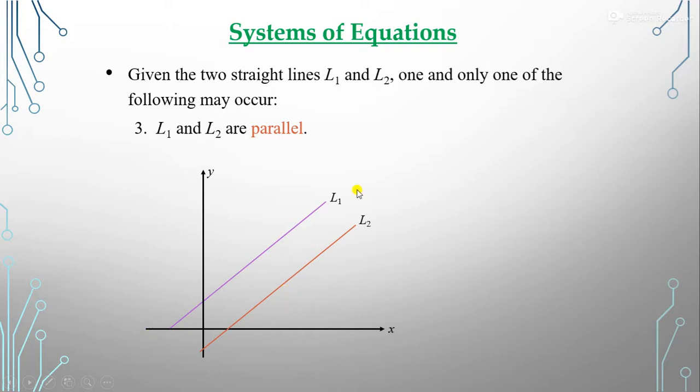No. If our two lines are parallel, they can't intersect anywhere, so it means we have no solution. We can't find any value of the variables, because if our lines are parallel, they don't intersect anywhere. So these equations have no solution. Okay, so this was the graphical method.